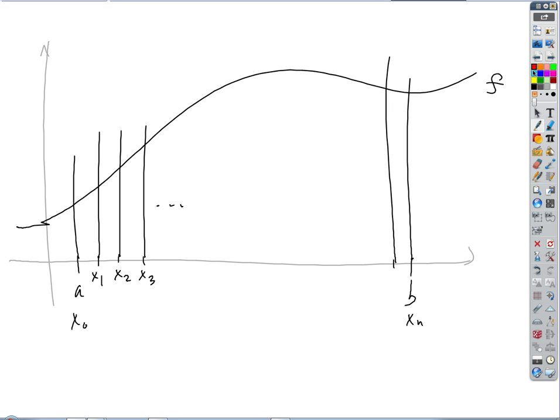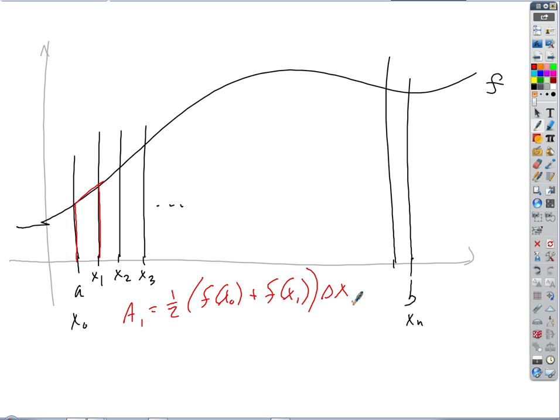So this first one, let's make the first one red. It just looks like that, right? So the area of the first one, we'll call that A sub 1, is just going to equal 1/2 times f of x sub 0, plus f of x sub 1, times delta x, right?